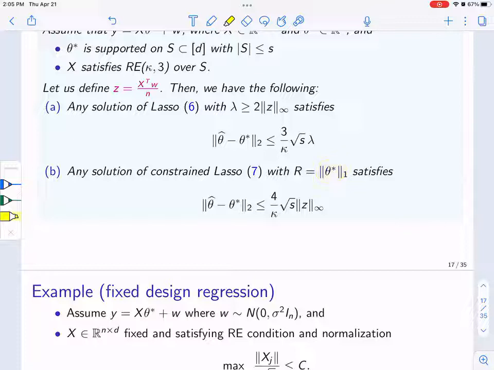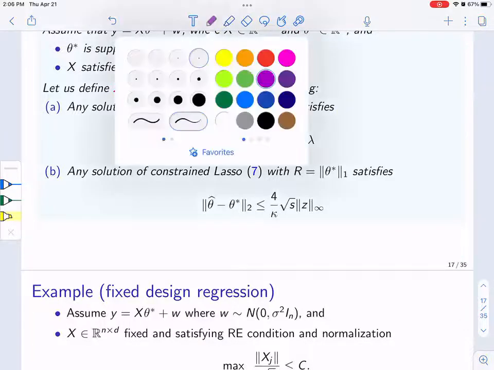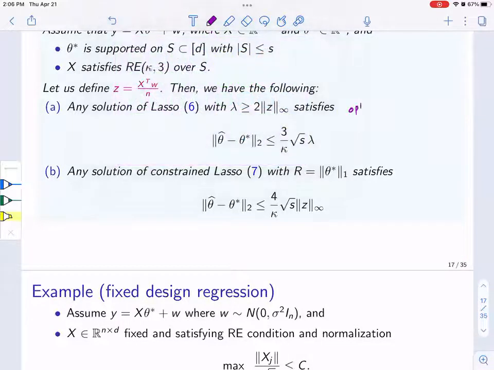As I mentioned, the optimal choice of lambda is lambda equal to the infinity norm of Z, and this would be, let's say, equal to 3 over kappa root s.